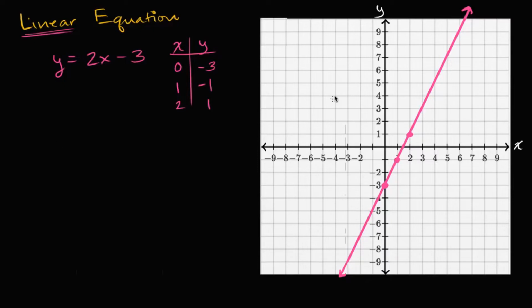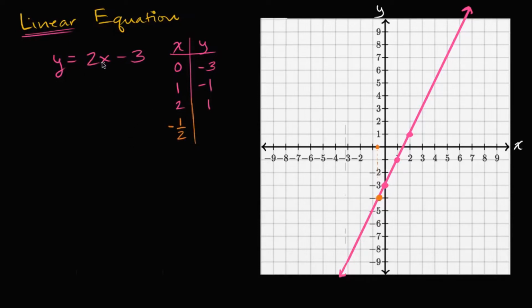So for example, let's say x is equal to negative 0.5. If we look at the line when x is equal to negative 0.5, it looks like y is equal to negative 4. That looks like it sits on the line. Well, let's verify that. If x is equal to negative 1/2, then what is y equal to?